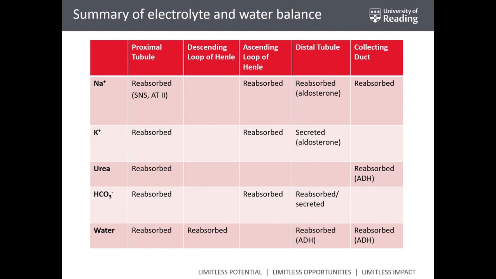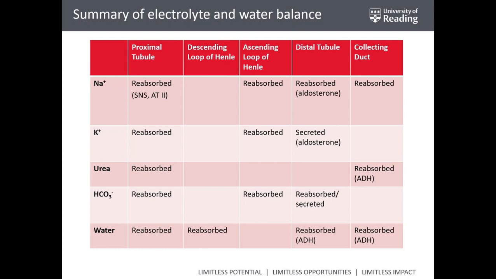Urea is reabsorbed in the proximal tubule and reabsorbed in the collecting duct, but be careful, the reabsorption in the collecting duct doesn't bring urea back in the blood, but it follows its gradient back into the tubular system, as we have mentioned. Bicarbonate is reabsorbed in the proximal tubule, in the ascending loop of Henle, and reabsorbed and secreted in the distal tubule.